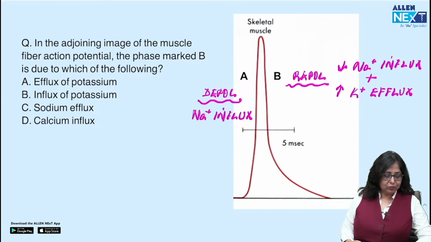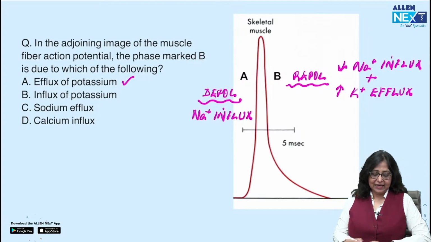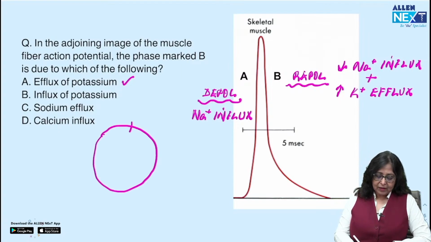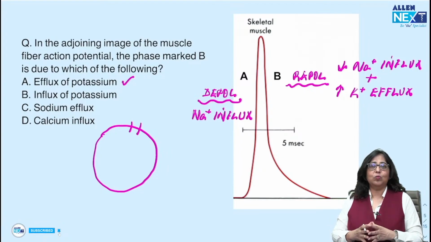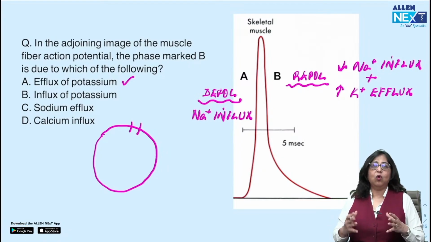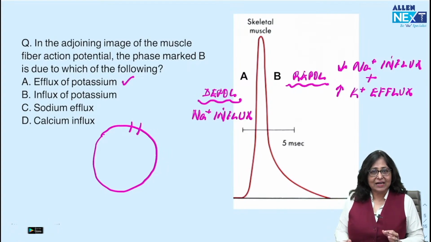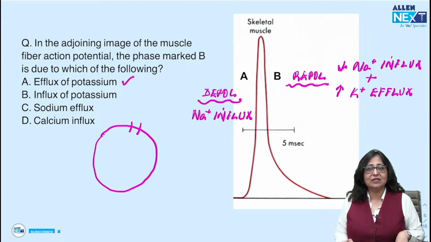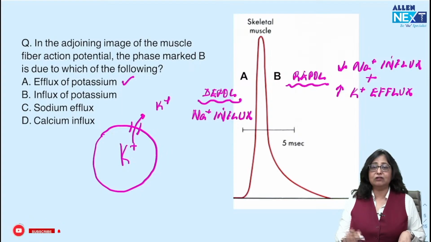Right? So let's look at the options. It says, is it because of efflux of potassium? Definitely. Is it because of influx of potassium? Now, please understand, channels are ion specific, right? And whenever a channel is open, that particular ion will always move from its higher to lower concentration. So if a potassium channel is open, like in this case, a voltage-gated potassium channel, potassium will move from inside to out, from higher to lower concentration.